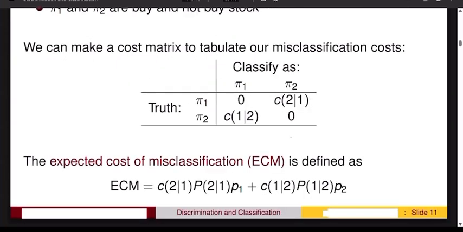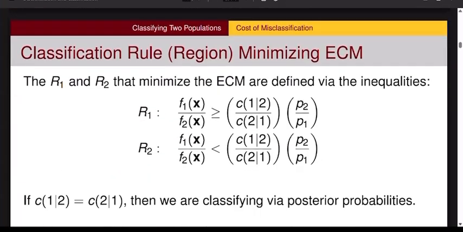Now I want to move on. Now that you understand how to figure out the expected value of misclassification cost, can we have a classification rule? Whenever you are setting up a classification rule, you need to set it up in a way to minimize the average cost of misclassification.